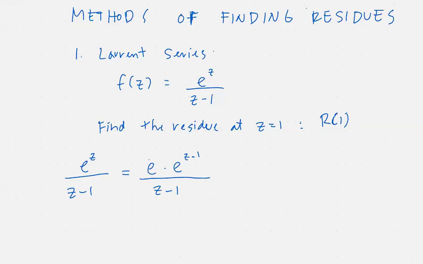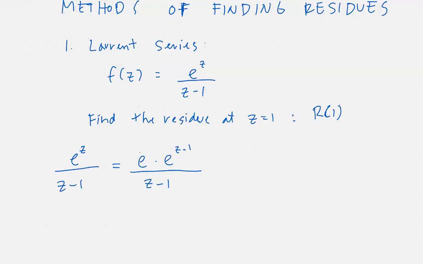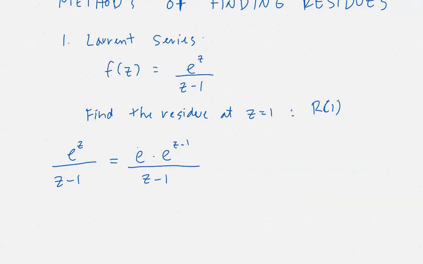So the denominator here is z minus 1. So the power series that we should get should be in terms of z minus 1. So this is the reason why we converted this into e raised to z minus 1. That way, our exponent for e and the denominator is going to be the same. Okay? So our power series is in terms of z minus 1, not z.